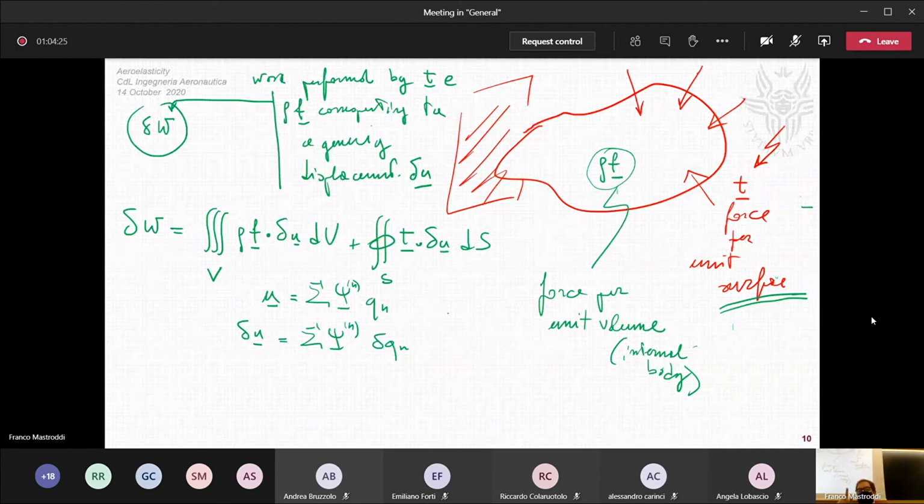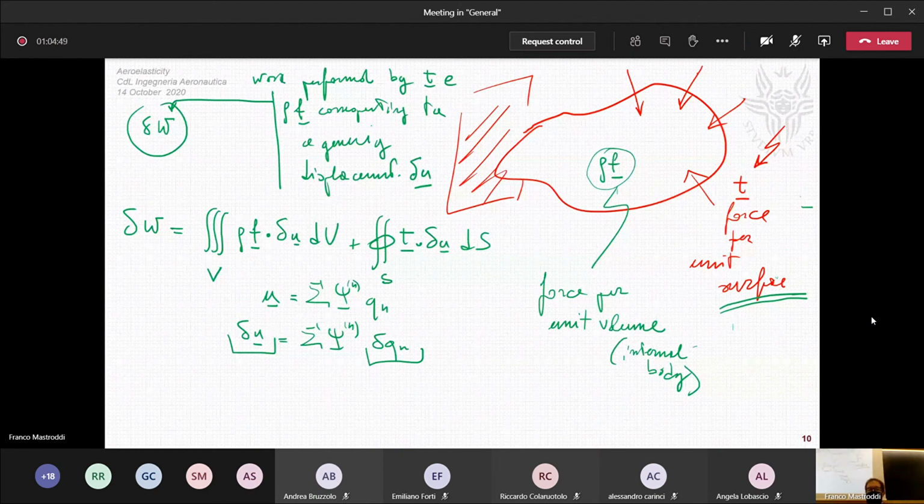So the delta is expressing the genericity of the displacement you can obtain, and to an arbitrary displacement corresponds a set of arbitrary Lagrange variables.